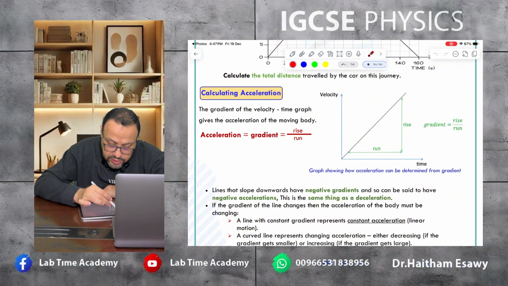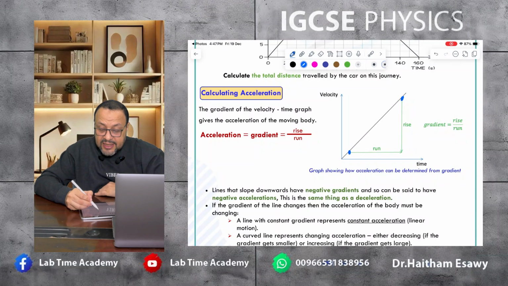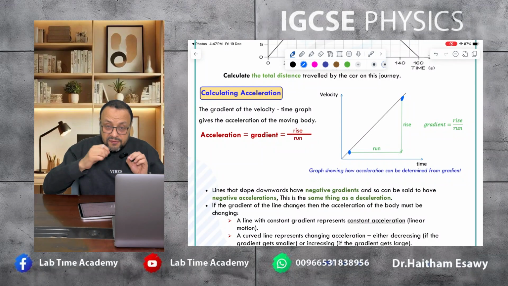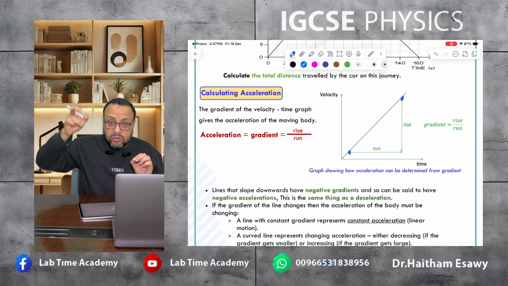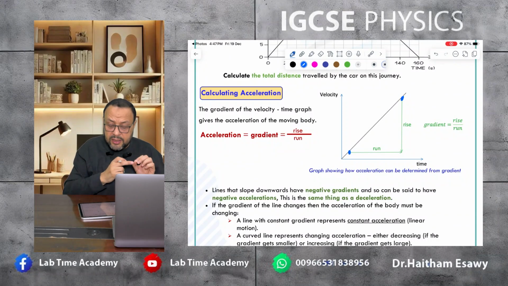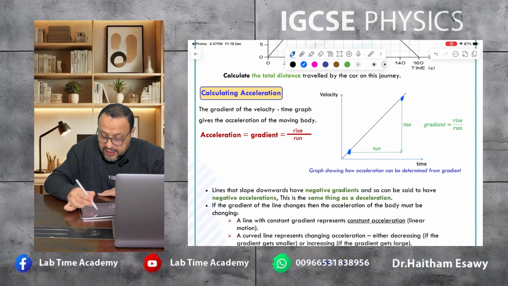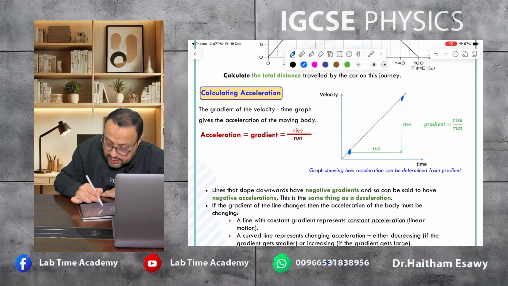You can choose 2 points. For example, I'll choose this point and this point. And as I said, if you want to calculate the gradient or the slope, you have to choose 2 points far from each other to draw a larger triangle. Then I'll draw this triangle.